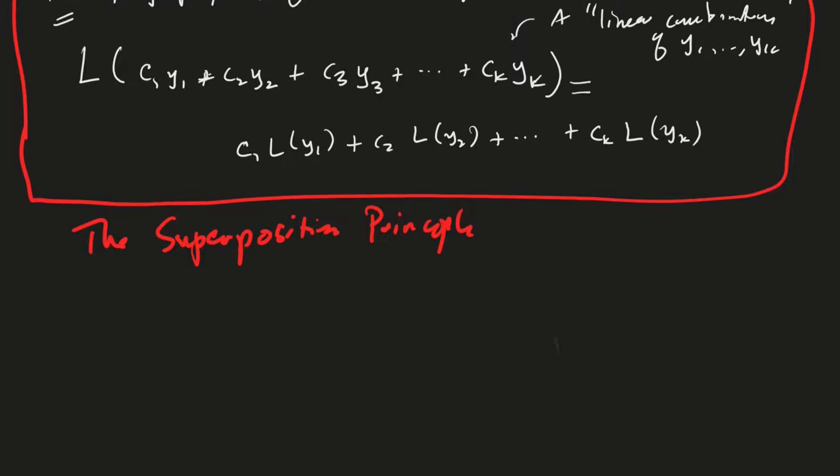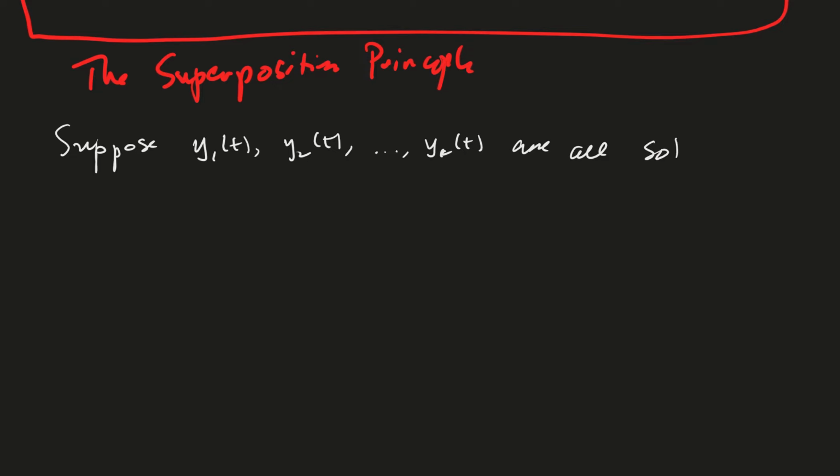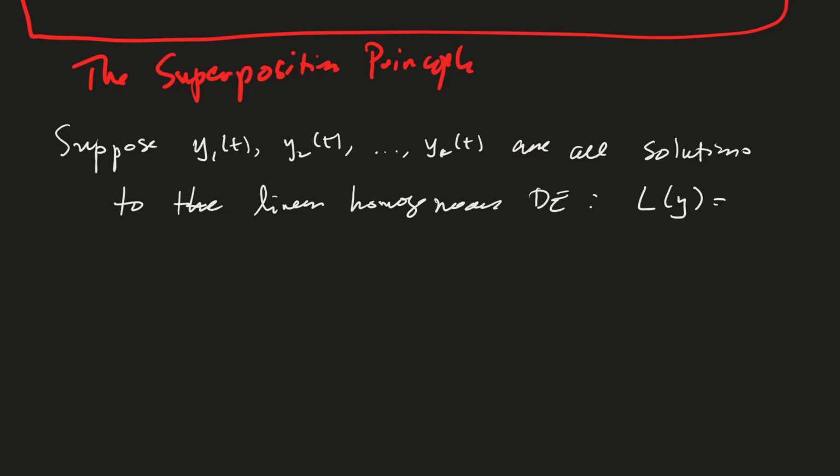So let's get back to a differential equation. Suppose y1 of t, y2 of t, up to y sub k of t are all solutions to the linear homogeneous DE, that is L of y equals 0.